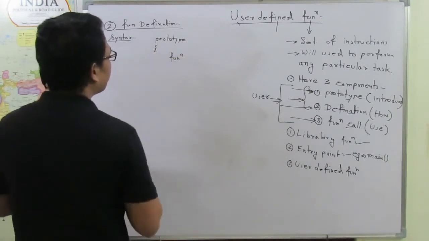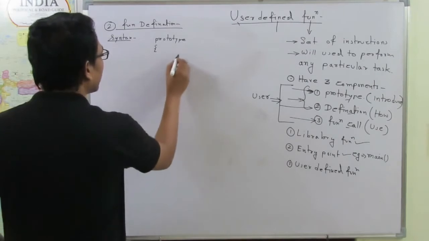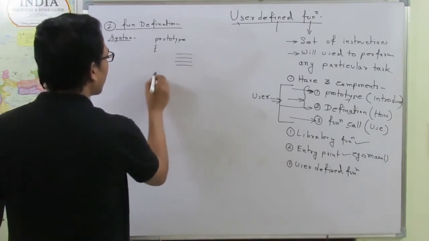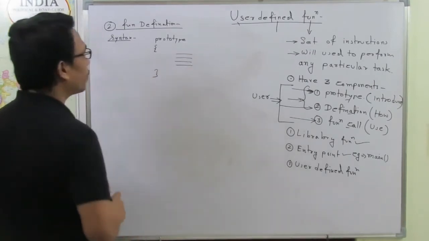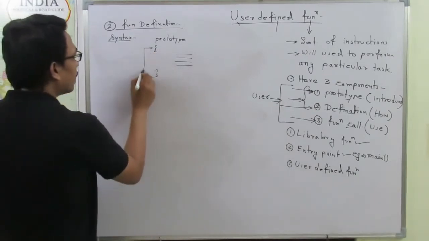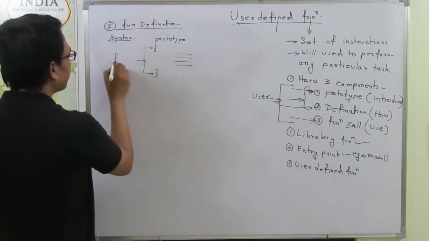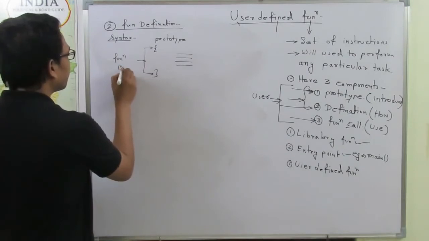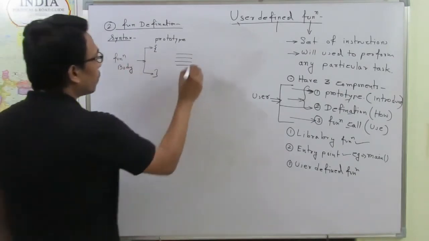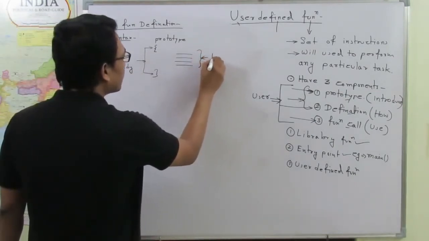Here all the instructions come, and then the function body closes. So this is called the function body, where all the instructions come.